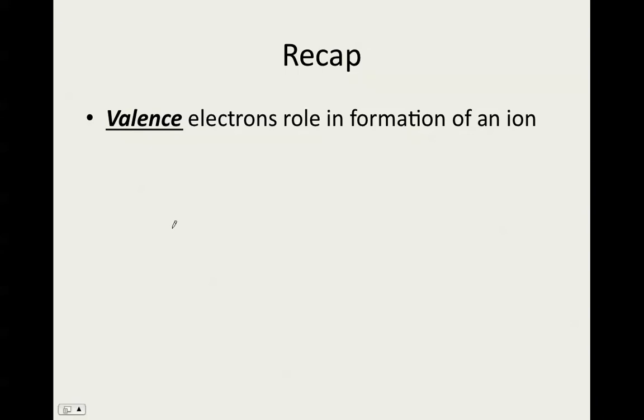The transfer of valence electrons is essential in the formation of an ion. If you gain valence electrons, you become more negative. You become a negative ion.